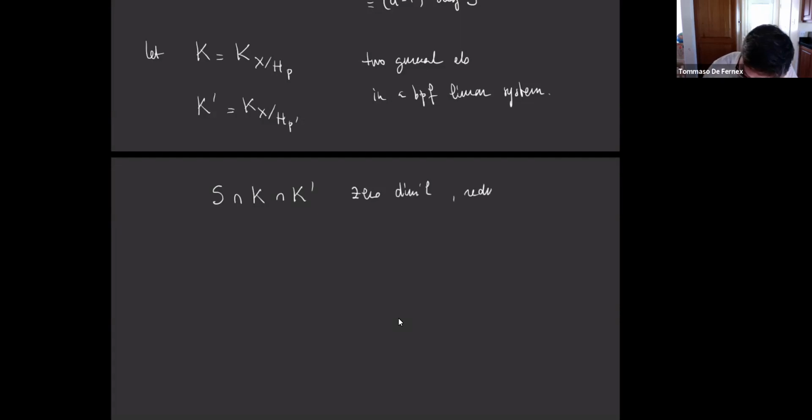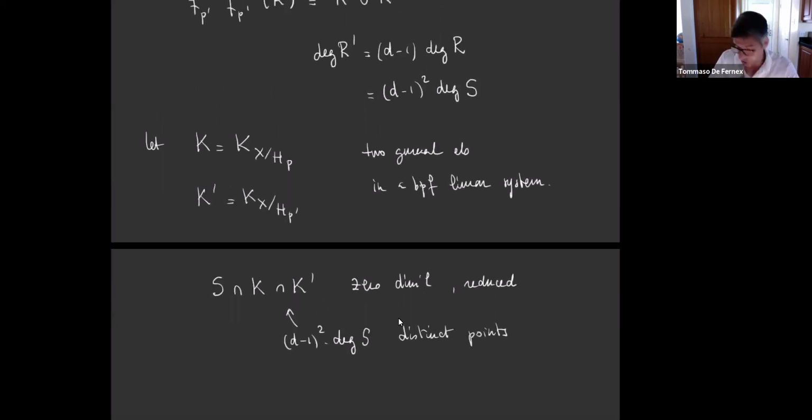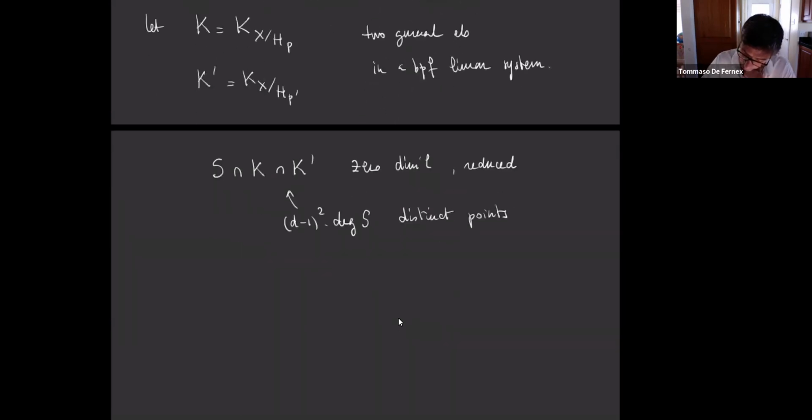And it also is reduced. In fact, the degrees of the equations are d minus 1, so with two equations it consists of d minus 1 squared times the degree of S distinct points. So you can see where I'm going, because now what we get is a matching between the degree of this residual surface of intersection R prime and the number of points cut on S by the ramification divisors.